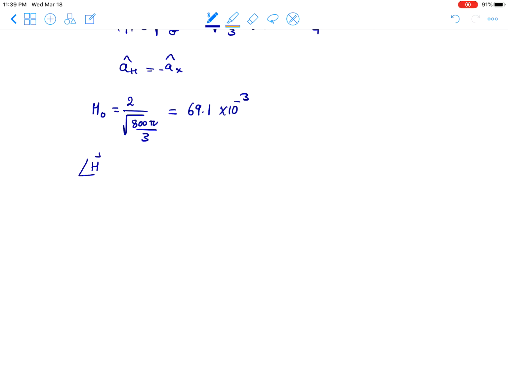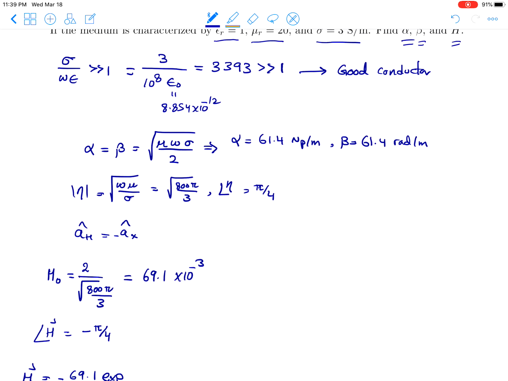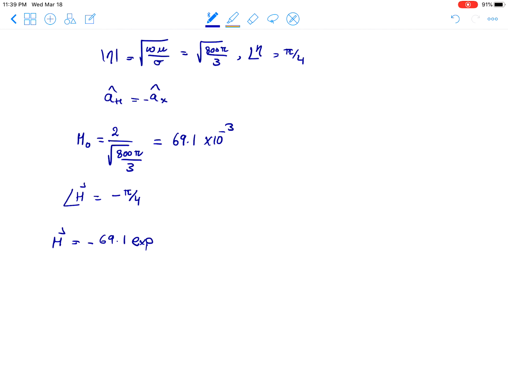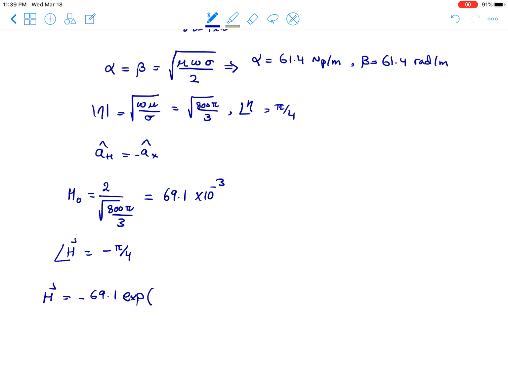The phase of H is negative pi over 4. Therefore, H is simply 69.1 exponential, where alpha we found to be 61.4, and beta we found to be 61.4, and the angle is negative pi over 4.